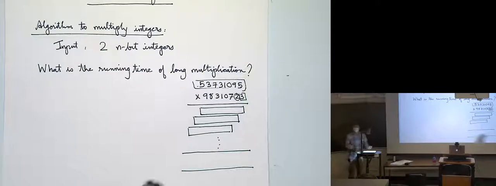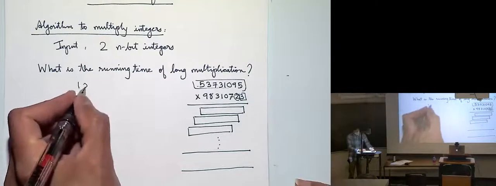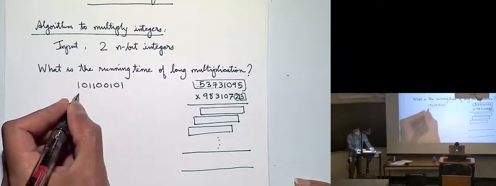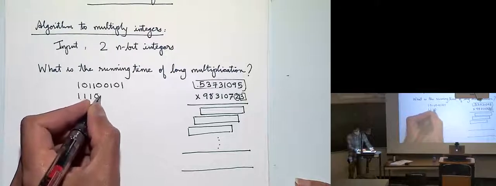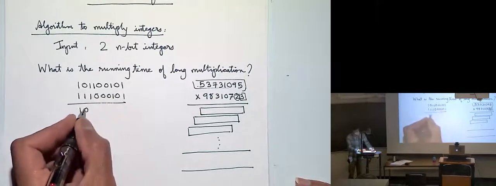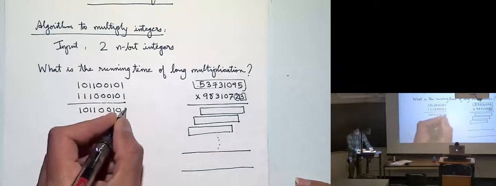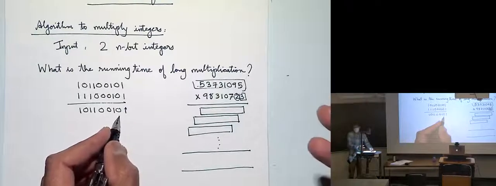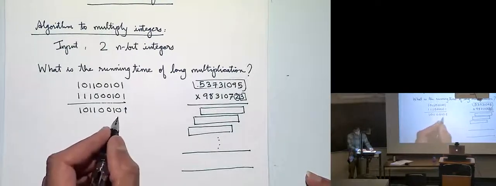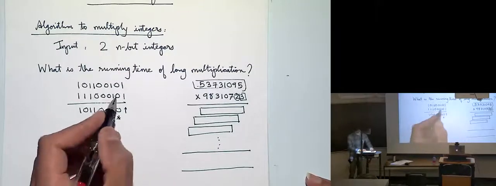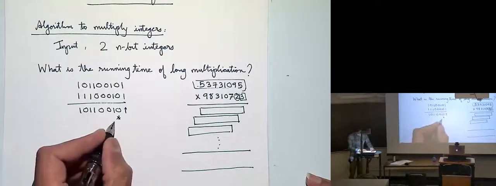And if it's binary, it's even easier. So suppose this is binary. If there's a 1, you write down the whole thing. If there is a 0, nothing. So you just put, I'll just put a star, like nothing there. Then you find a 1, so you write down the whole thing again, starting from here, right?